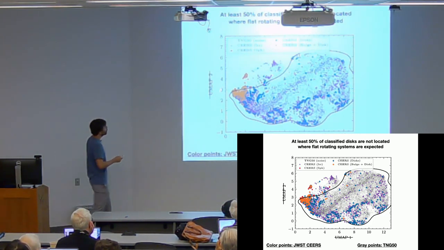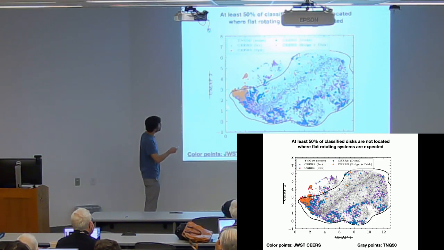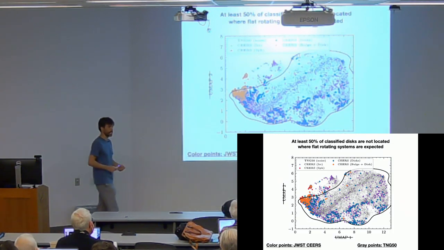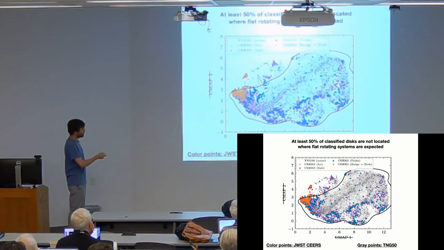Again, just to guide your eye, this region is where I would expect low angular momentum systems, things that are not rotating. This region would be rotating, flat systems. And you immediately see that things classified as spheroids or bulge-dominated lie in this region, as I would expect.